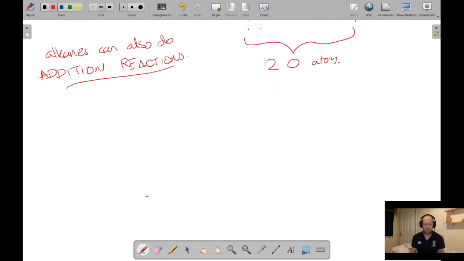So, if I react ethene with steam, and I'm going to need to use a catalyst for this. If I do this reaction with a catalyst, then what you get is that water adds across the double bond.